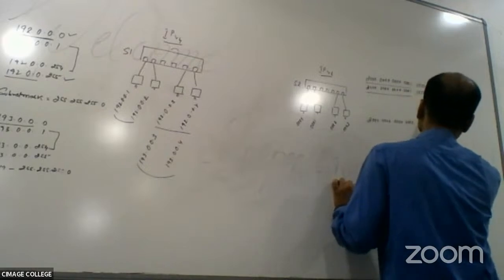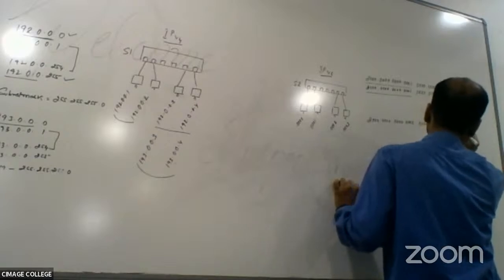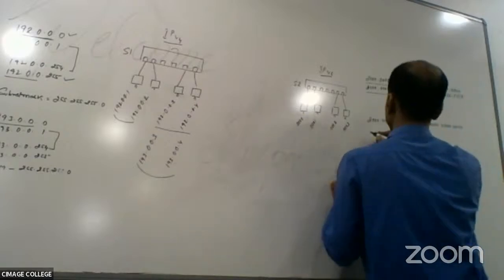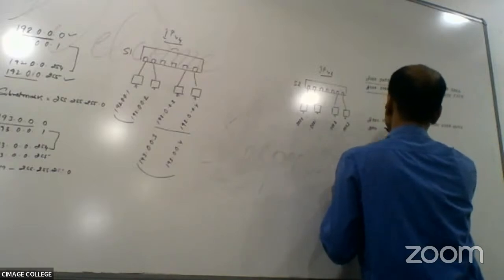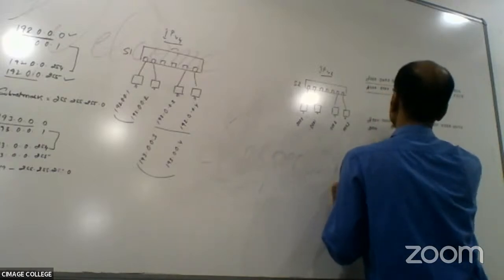And the very first IP 1 2 3 4 dot 1 2 3 4 dot 1 2 3 4 dot 1 2 3 4 2000 colon, not dot, colon.